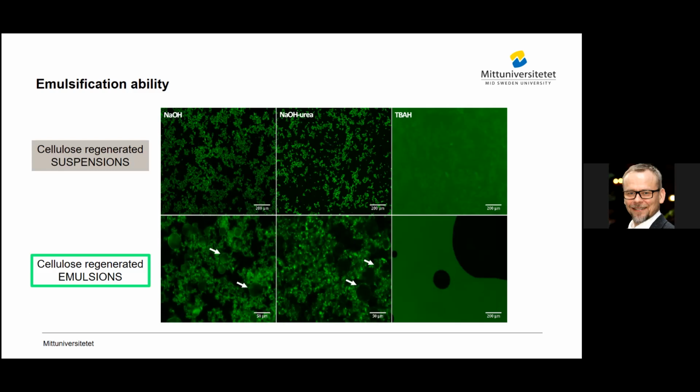If you make the emulsions and regenerate them, you can see at these arrows and at more places that you can still see these oil droplets covered with cellulose. But in the case of TBAH, you don't really see it. It's big lumps of oil instead, not really droplets anymore. And if you make it a bit more visible, you can point out the droplets even better with these red circles.